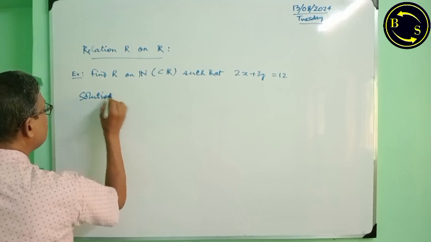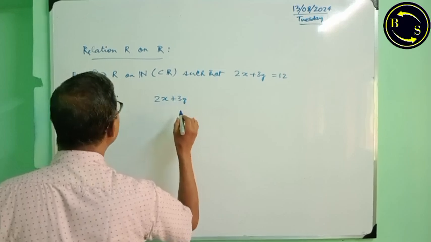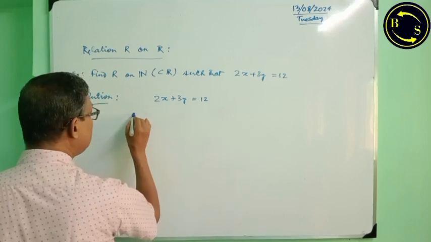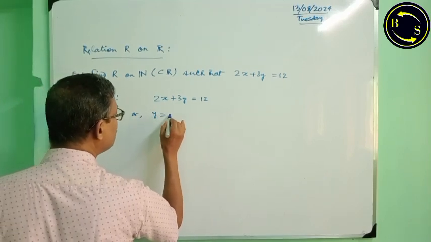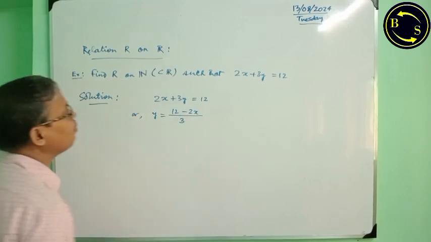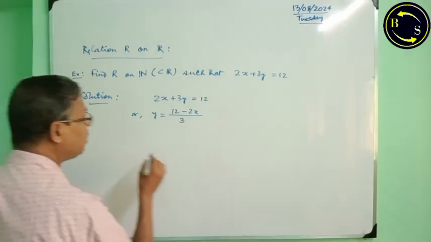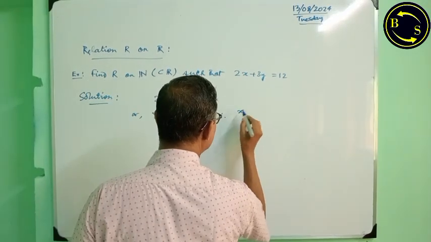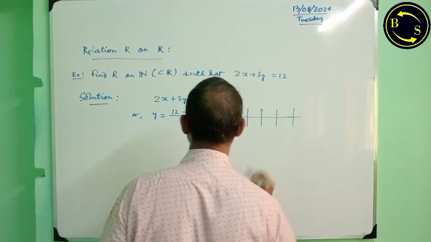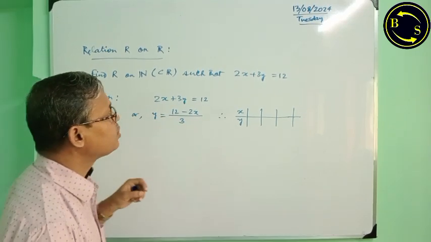We solve this problem like this. First of all, we write 2x plus 3y equal to 12. Then express that in terms of x, now we form the table, keeping in mind that x, y both are positive integers.